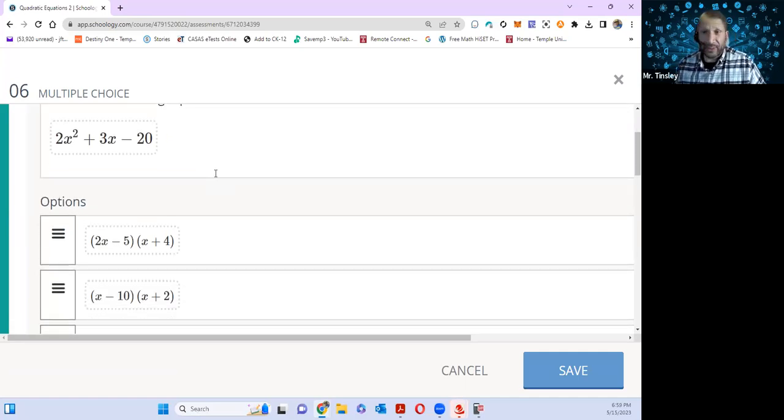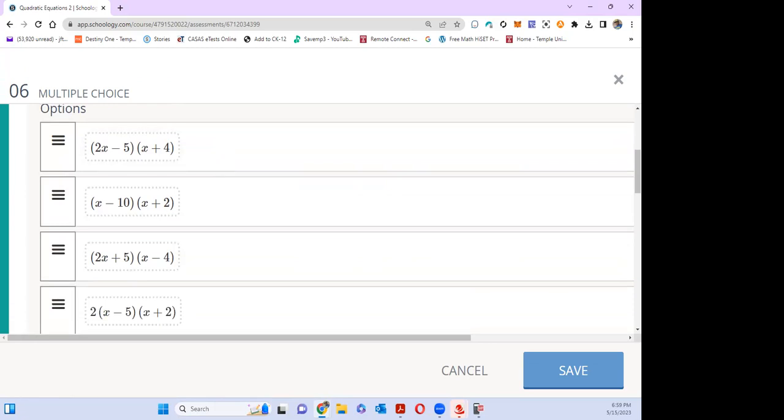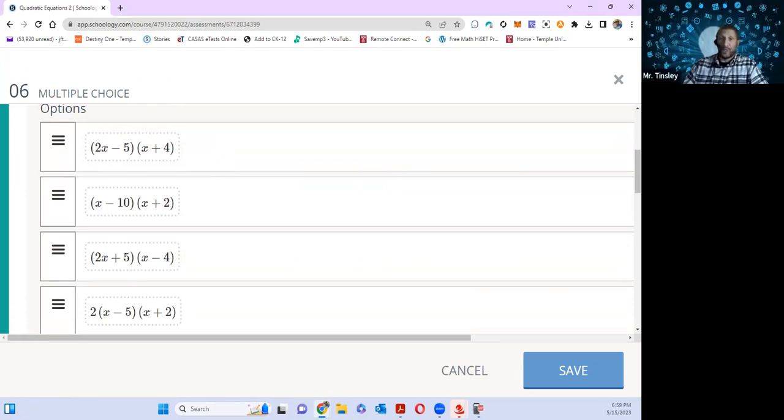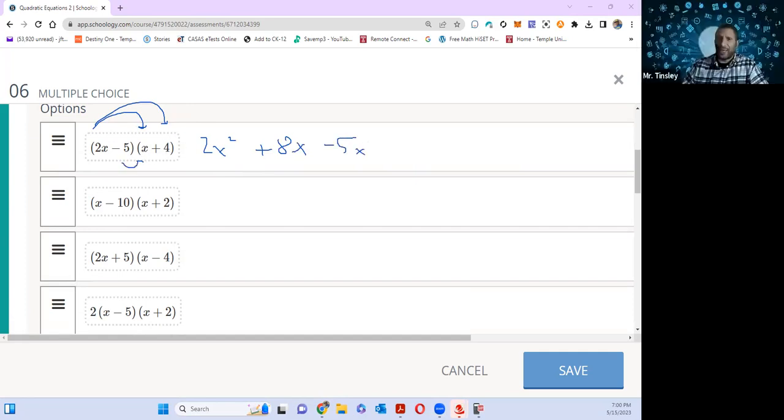I am not going to waste my time trying to find the factor pairs of minus 40. What I realize is, oh my gosh, I can use my multiple choice. So when I use my multiple choice, I'm going to go 2x squared plus 8x minus 5x. Hold on, that's not what I wanted.